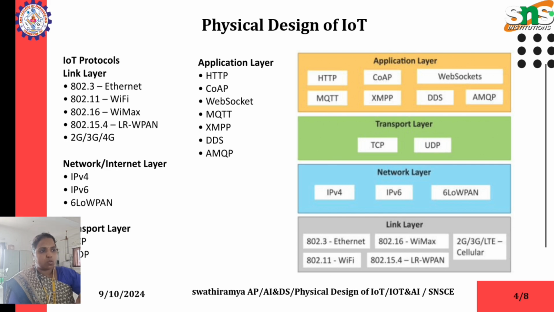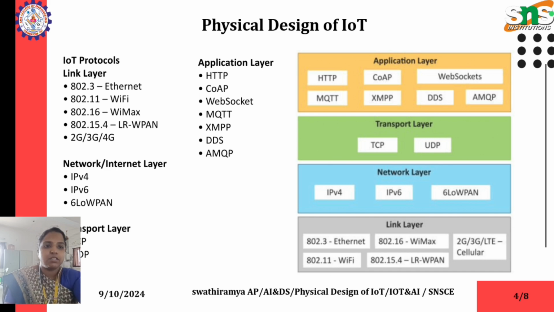UDP is also simpler. It is a connectionless communication model with a minimal protocol mechanism, useful for time sensitive applications. UDP is actually more useful for IoT systems compared to TCP. TCP needs more computing resources, while UDP doesn't, so in some applications UDP is very suitable for IoT systems.